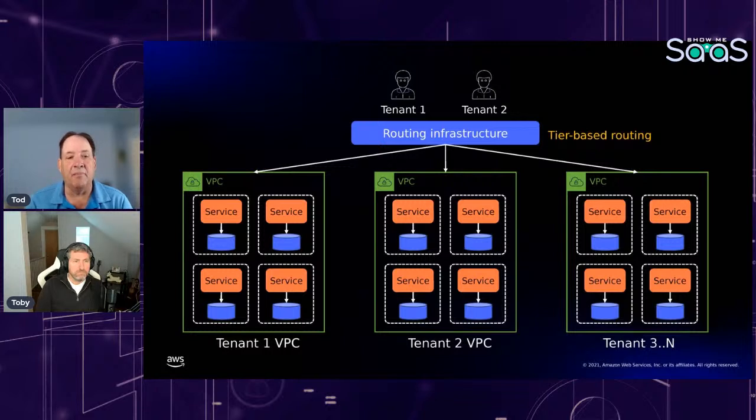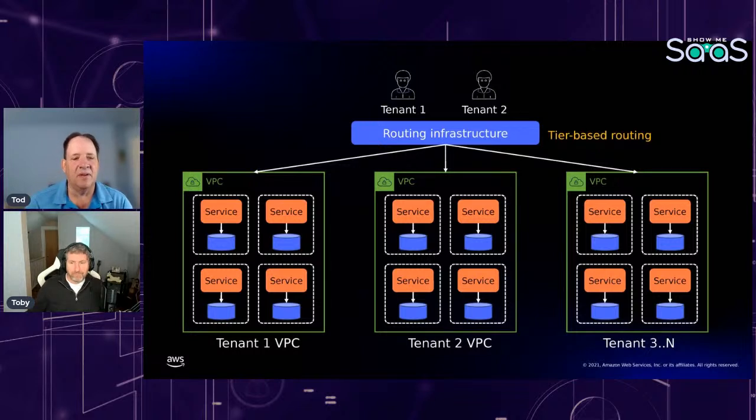But if you're in the basic tier, I don't need to know anything else, because you're going to go to the pooled environment and everything just goes there. There's nothing exotic about this, but I wanted to make clear that this isn't always just getting from tenant ID to the right stack. There can be other data in that payload that you need to look at.